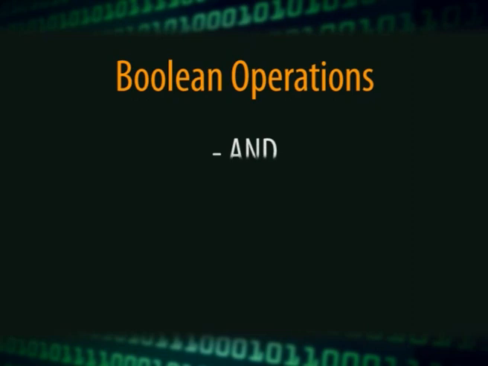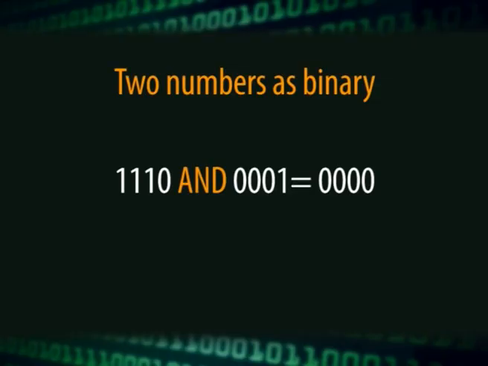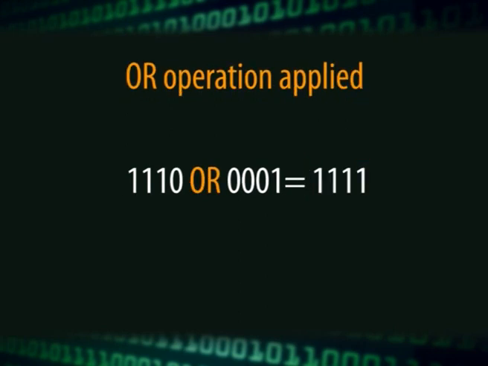The Boolean operations like AND or OR come under logical operations. For example, if the AND operation is applied between two numbers expressed as binary 1110 and 0001, the result of the bit by bit AND operation is 0000. Similarly, if the OR operation is applied between the two binary numbers 1110 and 0001, the result of the bit by bit OR operation is 1111.